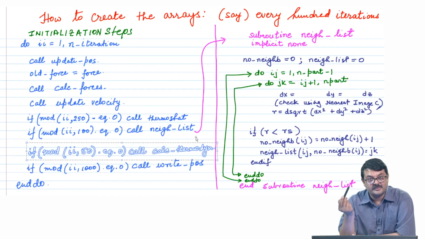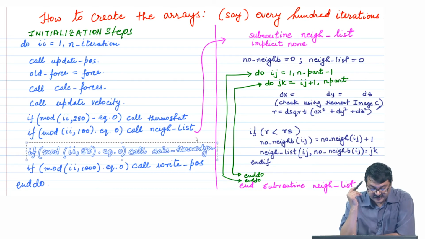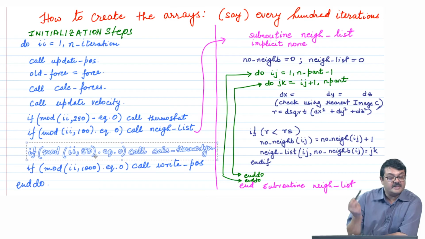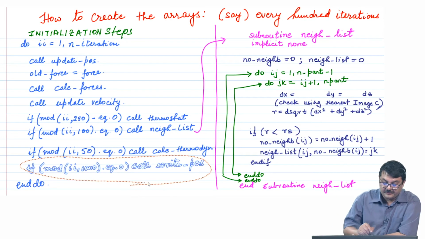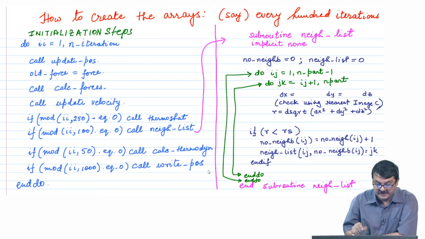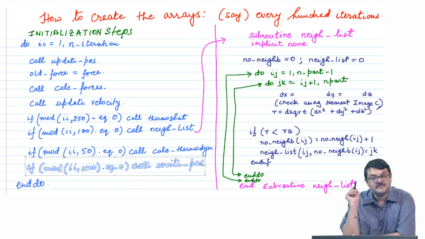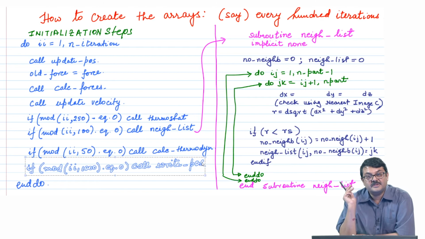from a particular microstate. Of course, you have to average these statistical quantities over many microstates to get your thermodynamic average. So, you could be calling that every 50 iterations, say, and suppose every 1000 iterations, in this step, you could call a subroutine which will write down the positions of all the particles on the computer.